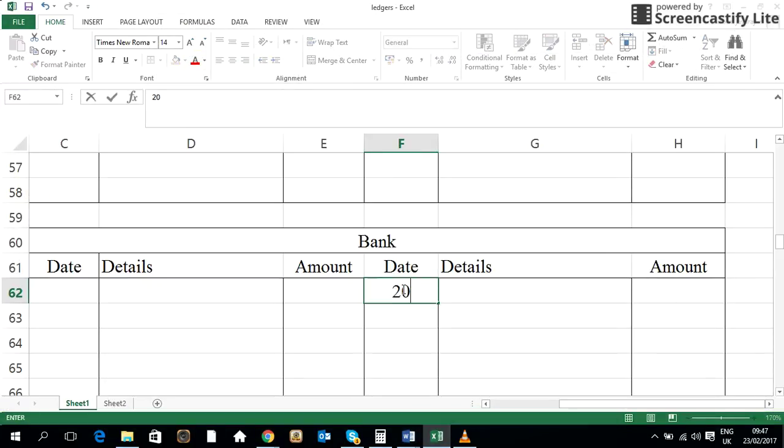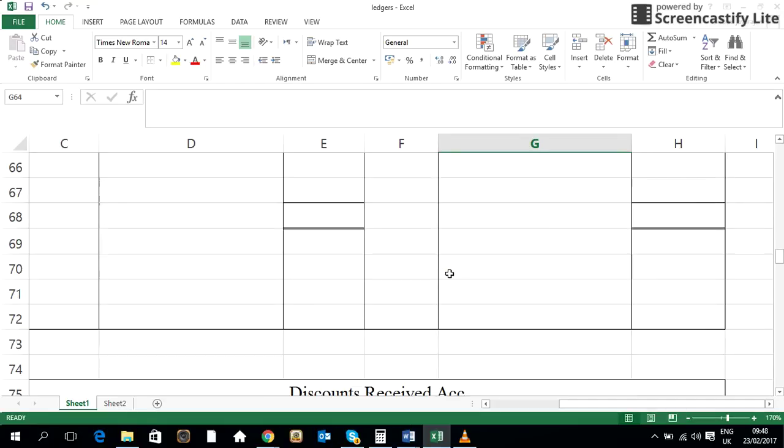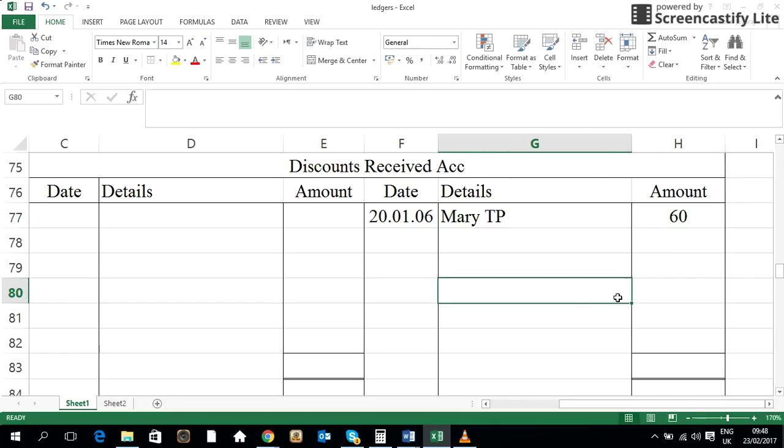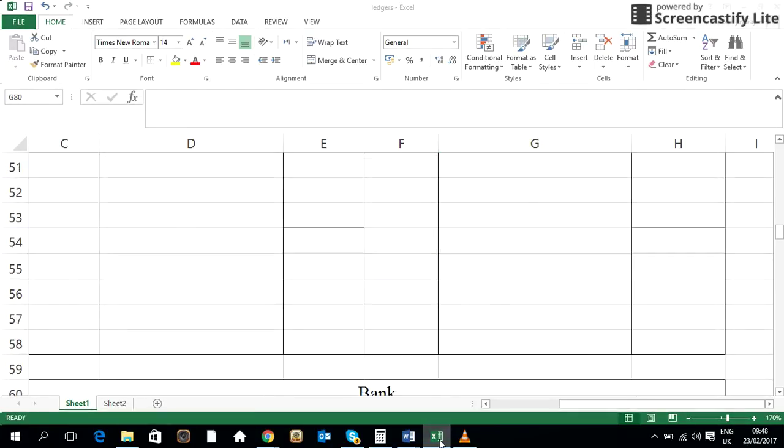The date would be 21/06, and here you would write Mary TT, and the value which is paid by check is 1,140. Followed by this, you'll move into discount received, same date, same information, and you would enter there as 60. This would be the double entry for check paid to Mary with a cash discount.